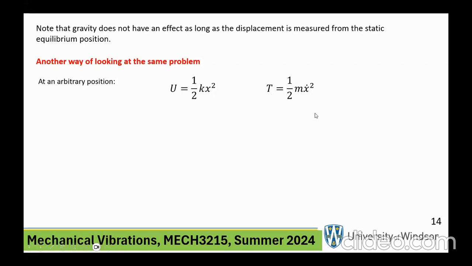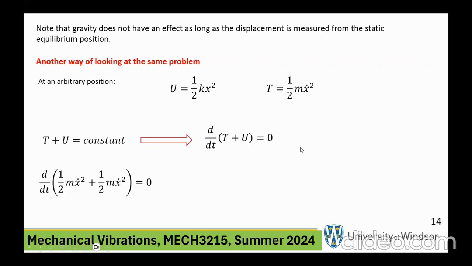This sum is constant, and its derivative is zero. So let us write the sum, differentiate with time, set it equal to zero, and we get this equation. Divide through by x dot, and there we are, the mother of all equations. So that's another way of looking at the same problem.